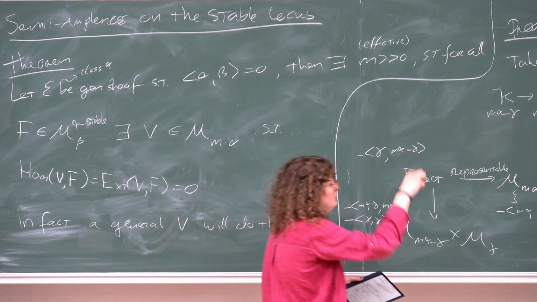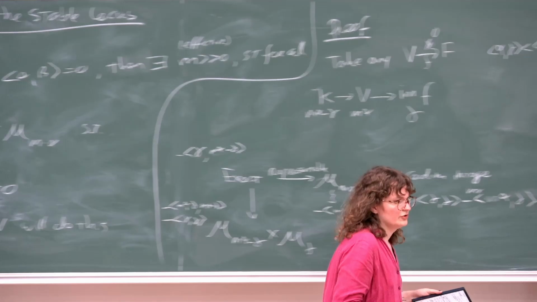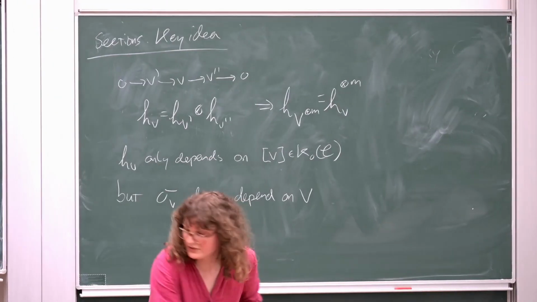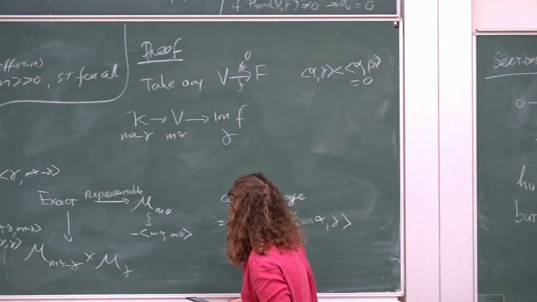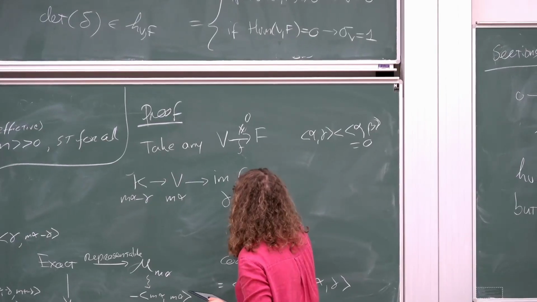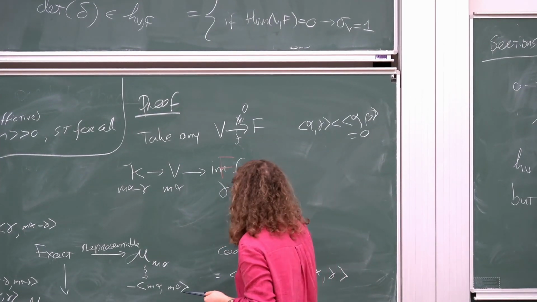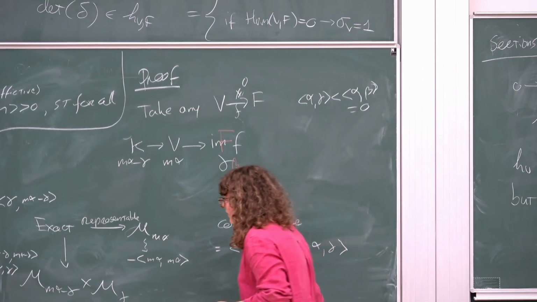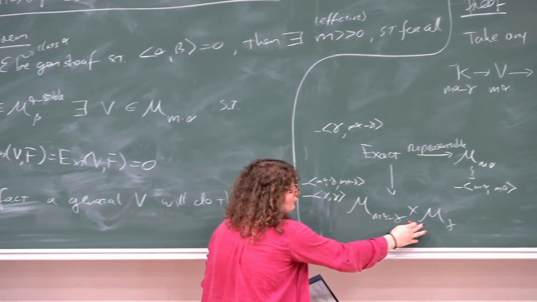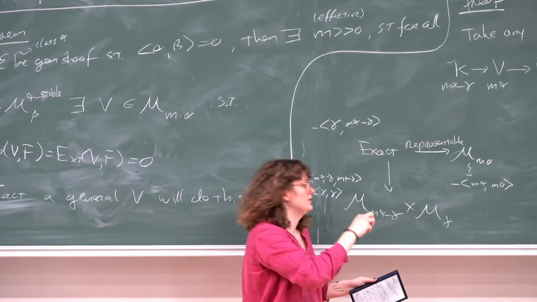So, 2 minutes, I'll just do the version where the map is surjective. Then the image of F is just F. This invariant is just beta. Over here, I don't have to do the full moduli space because I know what F is.